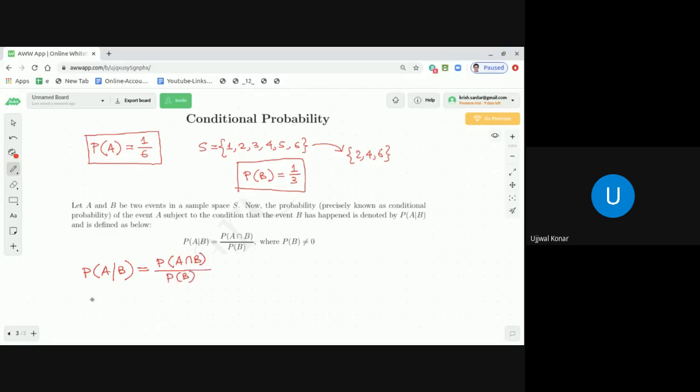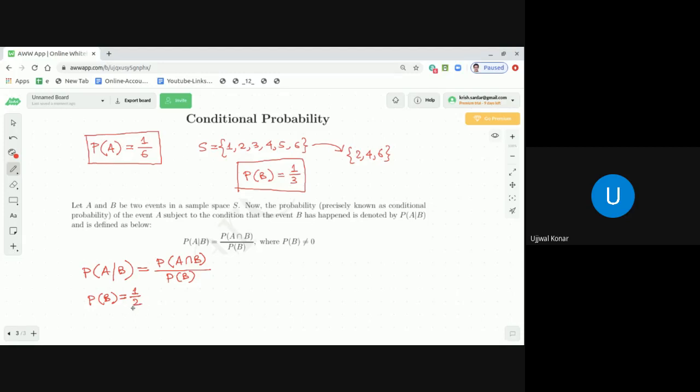Now, in our case, when I say I roll a die and I got an even face, B is the event, got an even face. So what is the probability of B? When you roll a die, you can either get an even face or an odd face, right? So probability of B is 1/2.